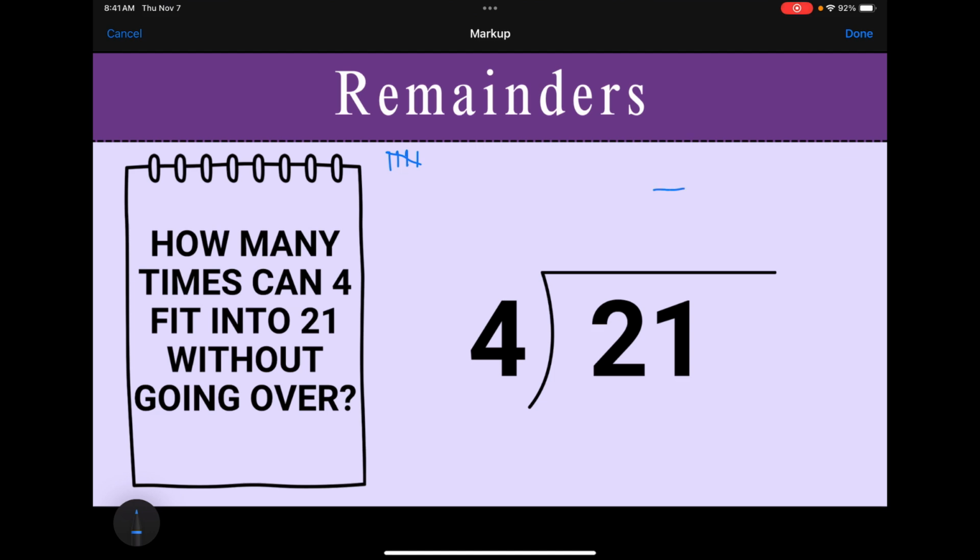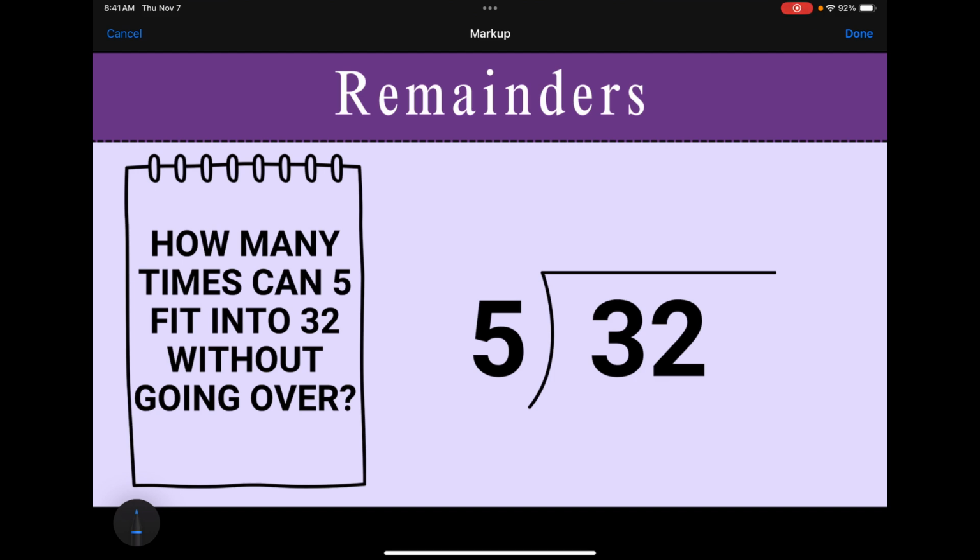So 4 can fit into 21 5 whole times, and that got me to 20. So what's the difference between 20 and 21? My dividend here, 1. So I'm going to have a remainder of 1.